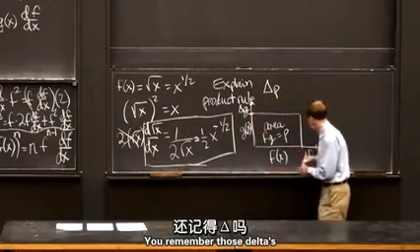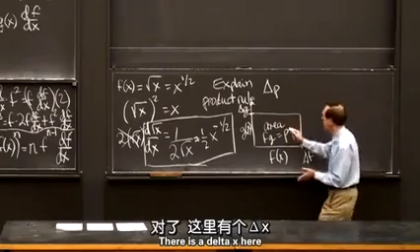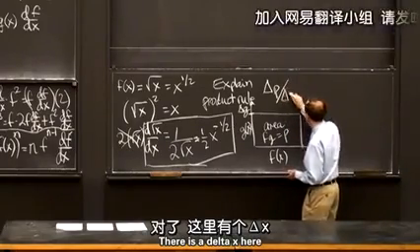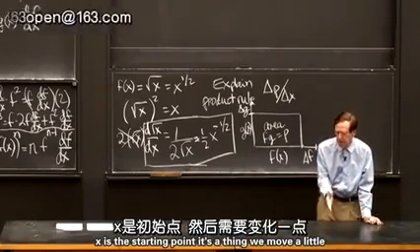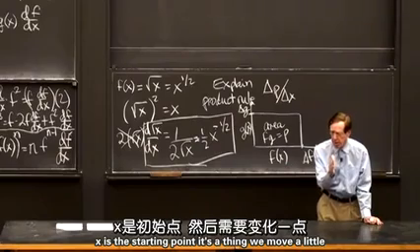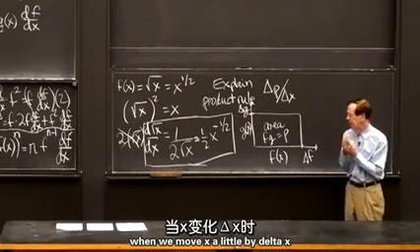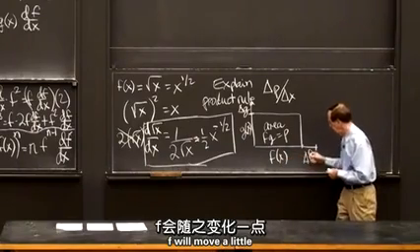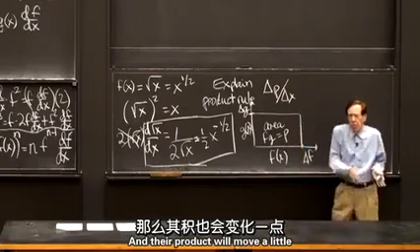You remember those deltas? That's the change in f. There's a delta x in here. x is the starting point. It's the thing we move a little. When we move x a little by delta x, f will move a little, g will move a little, and their product will move a little.